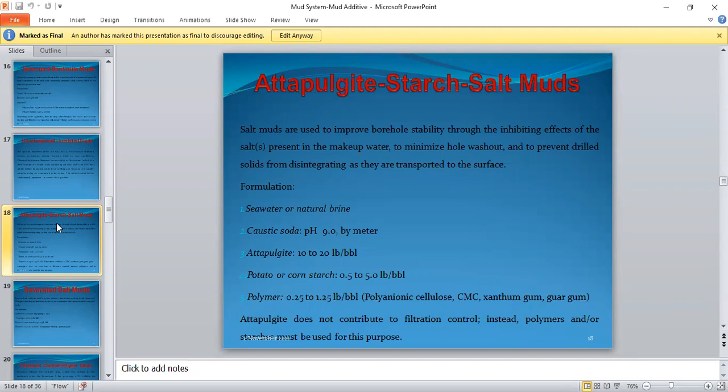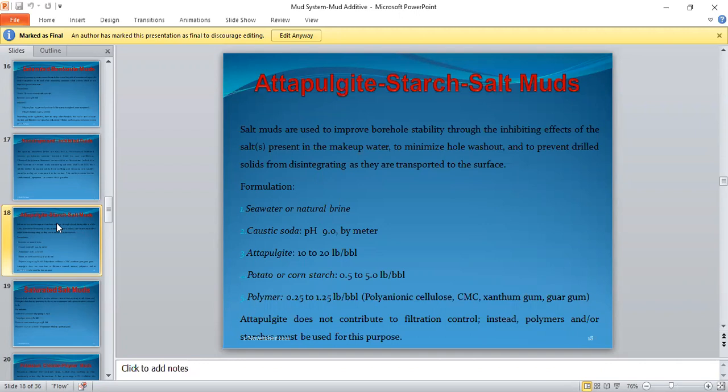Then you also have your polymers to give you more viscosity and to help in controlling fluid loss. You have your cornstarch, 0.5 to 5 pounds per barrel. You have other polymers, 0.25 to 1.25 pounds per barrel, such as polyanionic cellulose, CMC, xanthan gum, and guar gum.